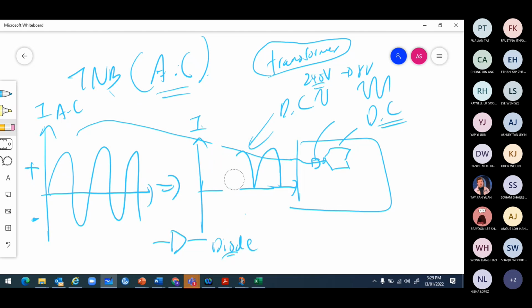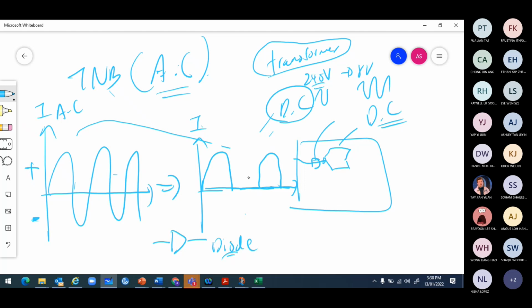Let me rub this. Sorry. When the half wave goes, the diode will allow the current to flow. When the current flows in the opposite direction, which is negative, the diode will block it, so you won't get any current. Then you'll have a current again. So the diode turns the AC to DC, direct current.